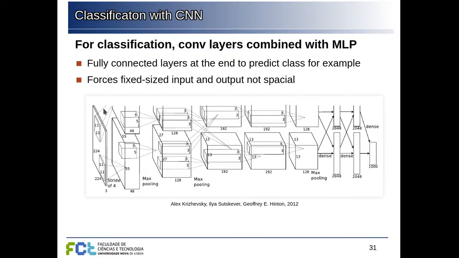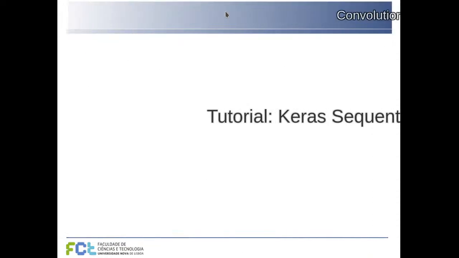And you can imagine that these convolution layers are learning how to extract useful features from the images, and then they are feeding these features into the classifier that has this architecture like a multi-layer perceptron, and then outputs the classification. So this is how we're going to use convolutional layers for image classification.